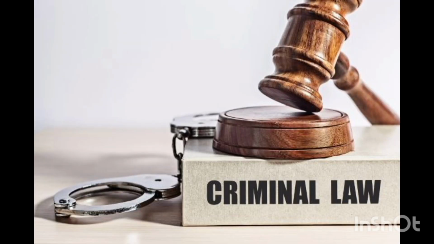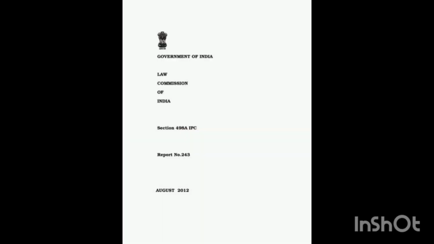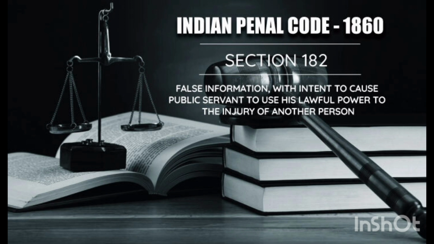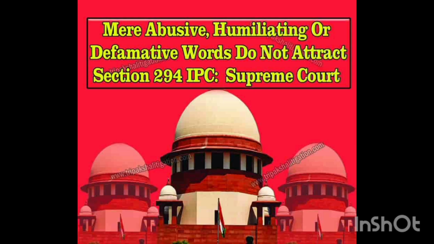Offenses relating to property and other marks, sections 478 to 489. Offenses relating to currency notes and bank notes, sections 489A to 489E. Chapter 19, sections 490 to 492, criminal breach of contracts of service. Chapter 20, sections 493 to 498, offenses relating to marriage.